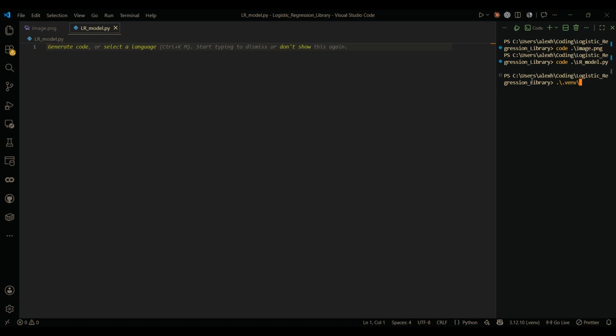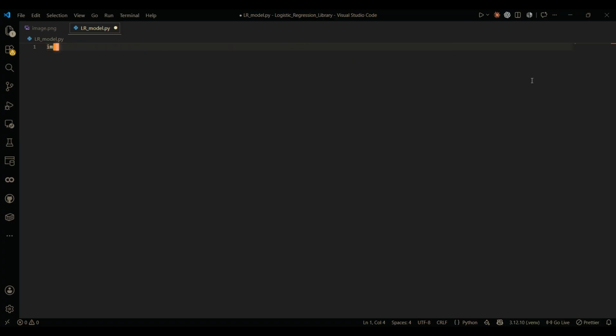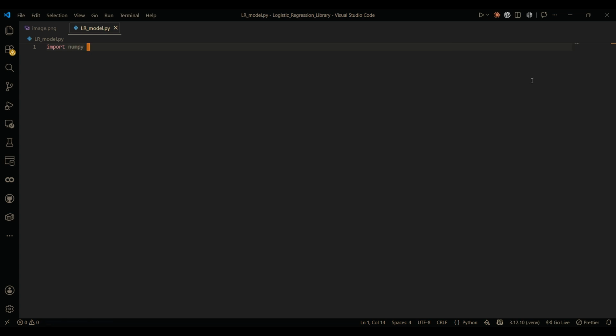Firstly, we'll have to install NumPy in order to do some linear algebra. You can download it using pip install numpy like this. Okay, I miswrote it. Wait, why is the requirement already satisfied? That's weird. Did I download it before? I don't know. Okay, let's come back.